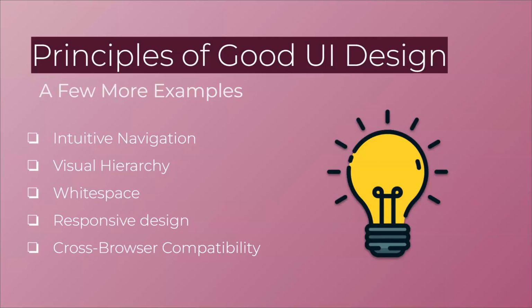An example of that could be in this slide deck, to separate the heading from the subheading. The heading, Principles of Good Design, has that highlight to it, whereas the subheading does not. So that's an example of visual hierarchy. And cross-browser compatibility is just making sure all of these other things that have been mentioned persist across different browsers.